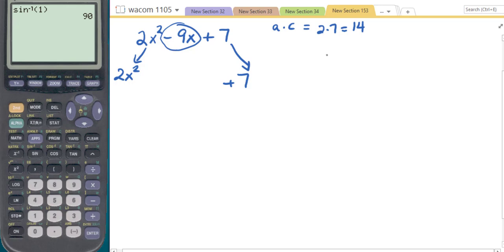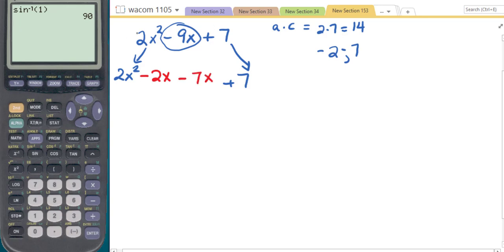So 2 and 7 is going to work. 2 and 7 multiply to give 14, and they combine to give 9. If this last sign is plus, it says they're going to add. So they're going to add to give us a negative 9. So these are going to be negative 2 and negative 7. So we're going to split the negative 9x into these 2 pieces. So minus 2x, and minus 7x.